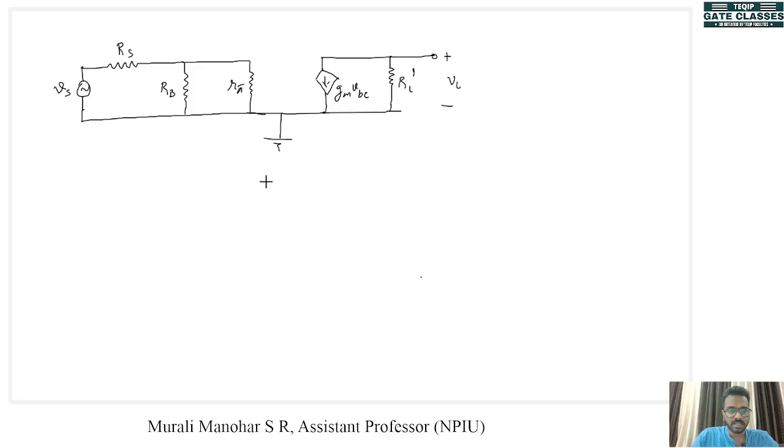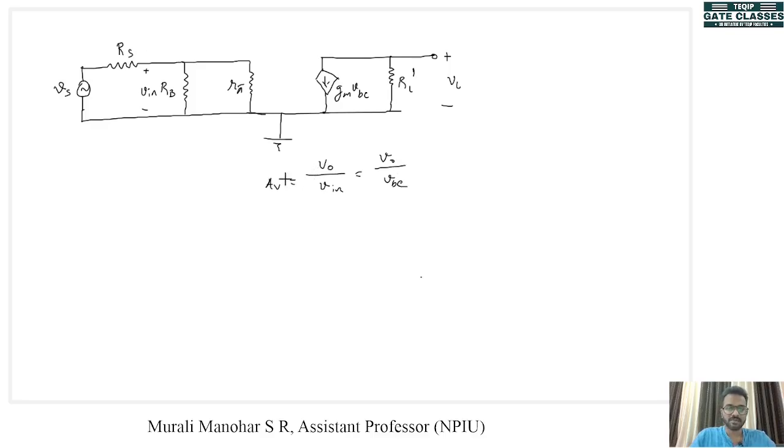Now we can write the gain of this amplifier, which is AV, which is equal to V out divided by V in, where V in is nothing but VBE.